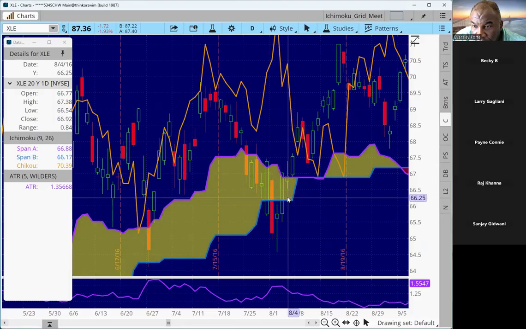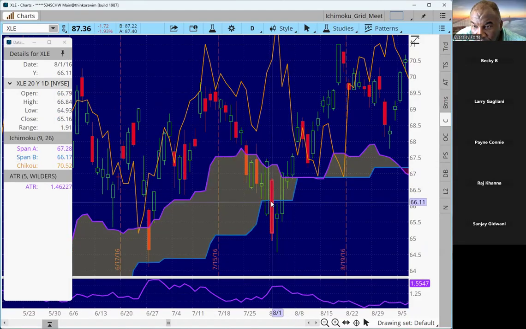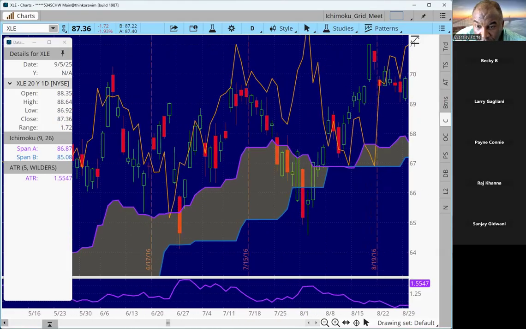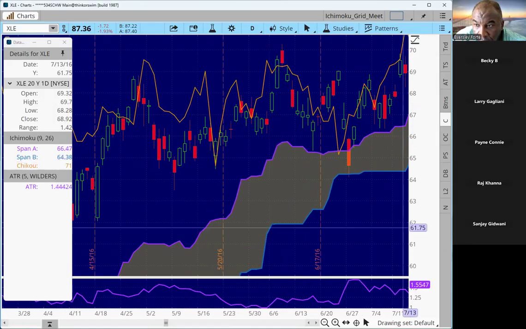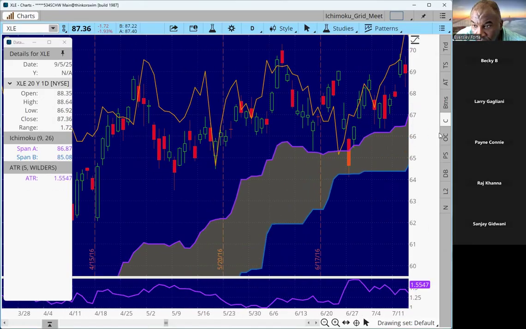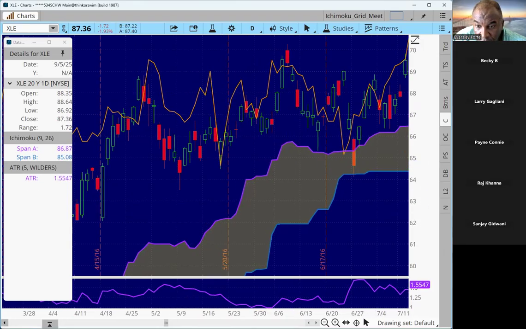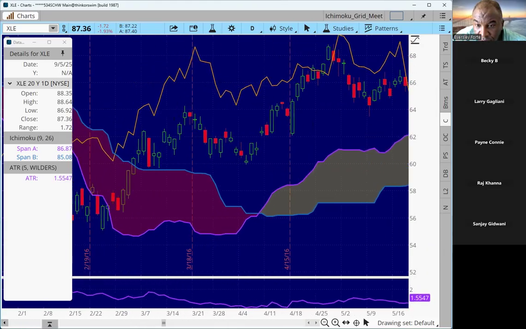We got a close above, multiple closes below. One, two, three, four. So that's the visual we're always looking for. This one, we only had one close inside the cloud and close above. Not enough. We need multiple closes at or below the top Chiku.